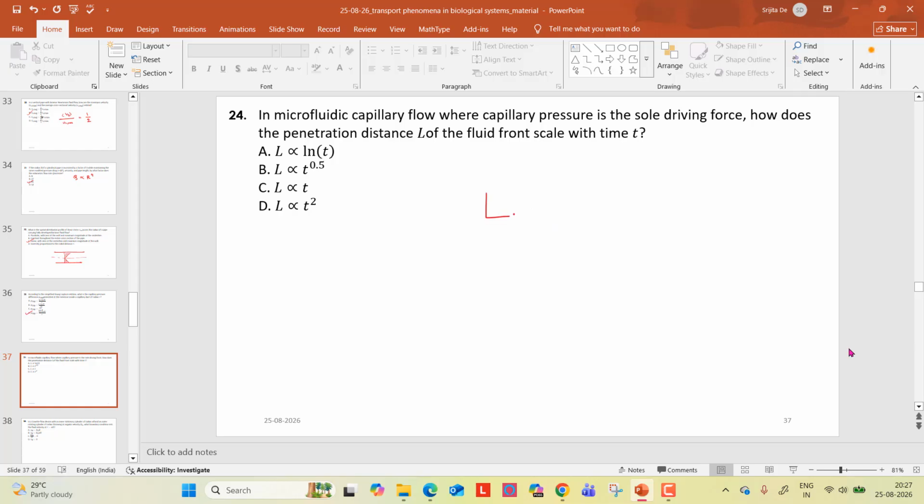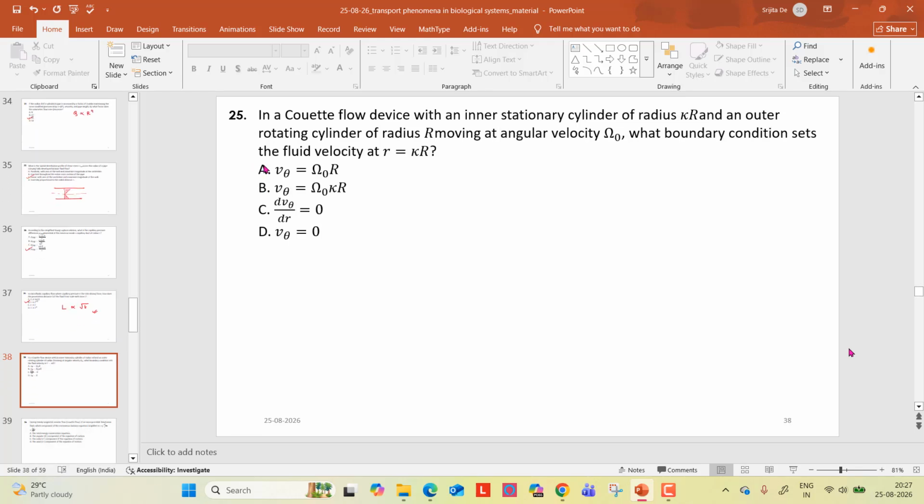So the length is proportional to root under t. Okay, it is option B. Next, a liquid flow device with an inner stationary cylinder of radius kappa R and an outer rotating cylinder of radius R moving at angular velocity, what boundary condition sets the fluid velocity at r equals kappa R? So we have done this, it is v theta equals 0.